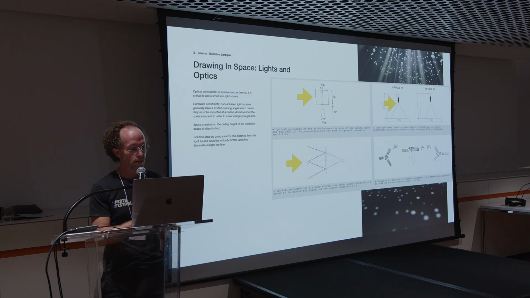This led Beatrice to this idea. They looked at the optical principle of a simple mirror. The light source that is located at A seems to be behind the glass at the virtual location of A. So you can gain a lot of space by having the light on the same side as the audience, if you like.